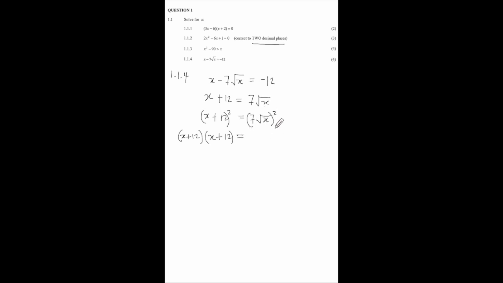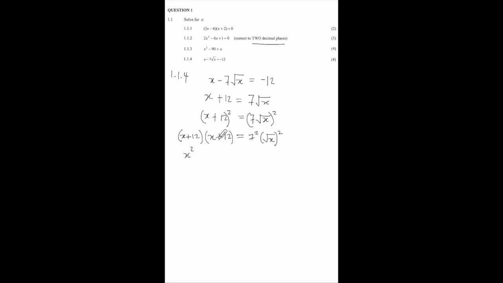And then for this one we square 7, so this would be 7 squared, and then the square root of x squared. So the power 2 affects both 7 and root x. Then here, of course, x by x is x squared.